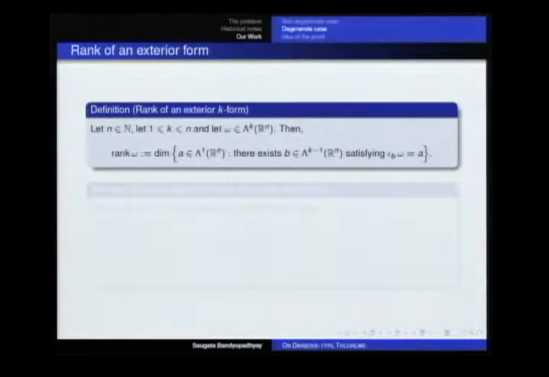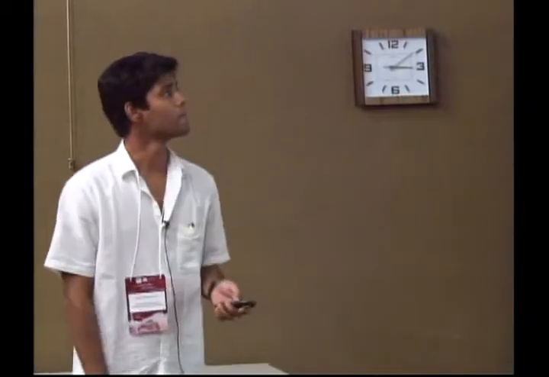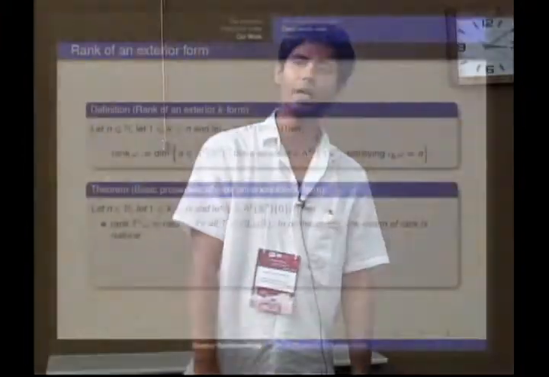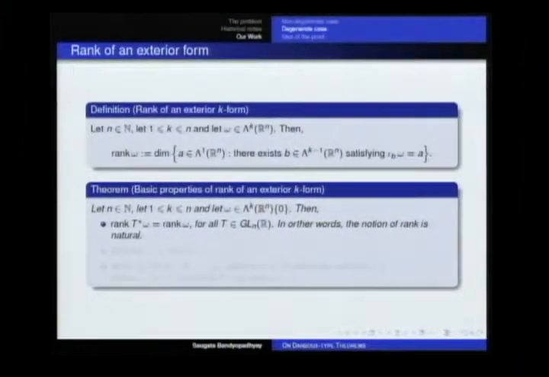Now this rank has some nice properties. Let us see that. Rank of T star omega is equal to rank of omega. That means that rank behaves naturally with respect to the pullback equation. Therefore, it's a good notion for us as far as the pullback equation is concerned. When k is equal to 1, rank of omega is 1.